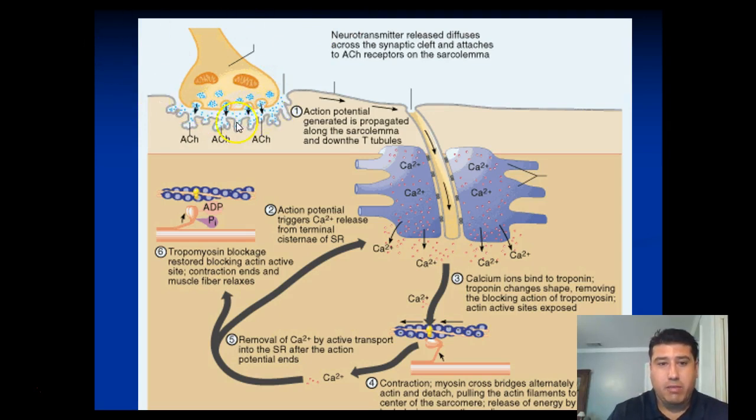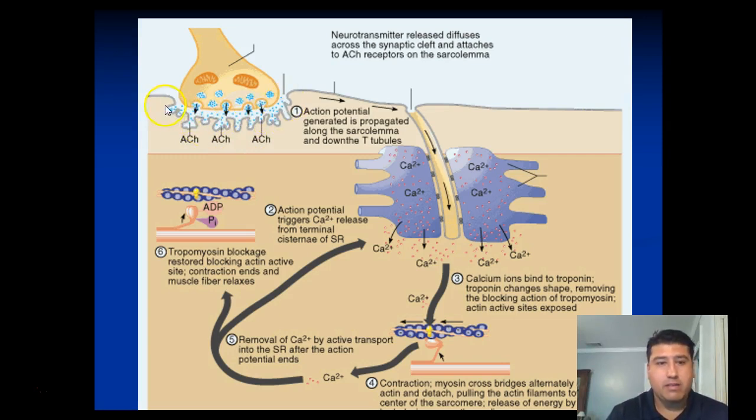That's why these neurotransmitters have to be released from the synaptic terminal. In this case, the ACH stands for acetylcholine. Acetylcholine is being released into the synaptic cleft, and it has to be received by the postsynaptic membrane. In this case, it's the acetylcholine receptors.